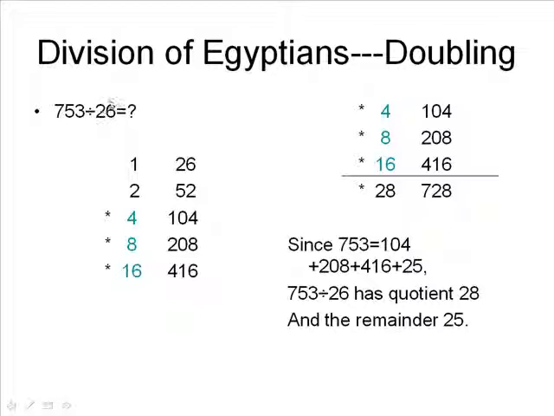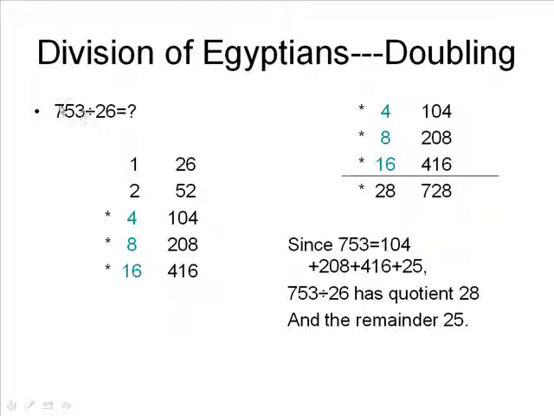So this time they doubled the divisor 26 by adding it to itself. 26 plus 26 is 52, and double 52 by adding 52 and 52 to get 104, and adding 104 and 104 to get 208, and they added 208 and 208 to get 416.